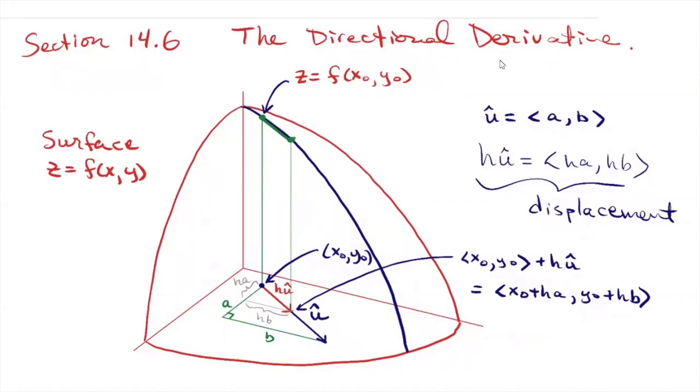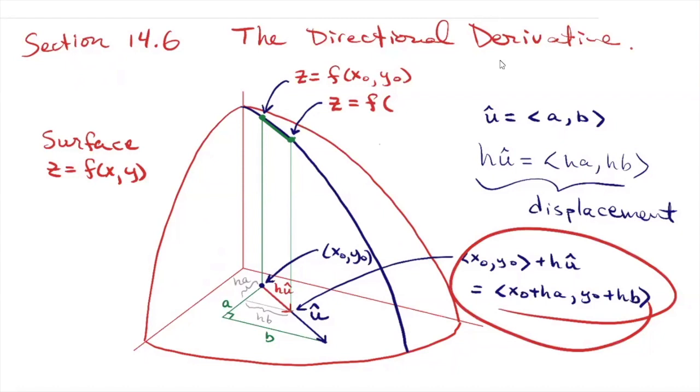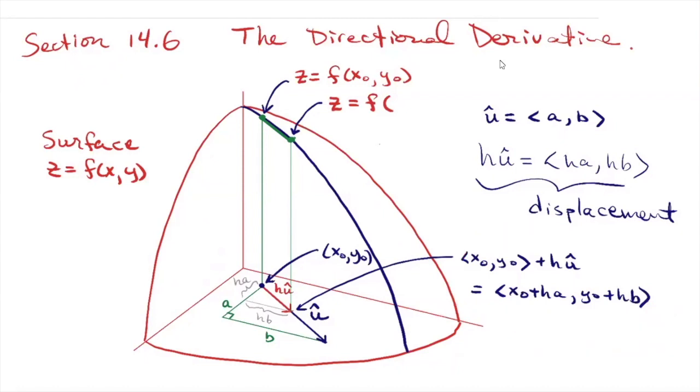And then I want to do a height at the other point. So right here, it's a different point. I'll say Z is F at this vector down here. So the X coordinate is actually X naught plus HA, and the Y coordinate will be Y naught plus HB.